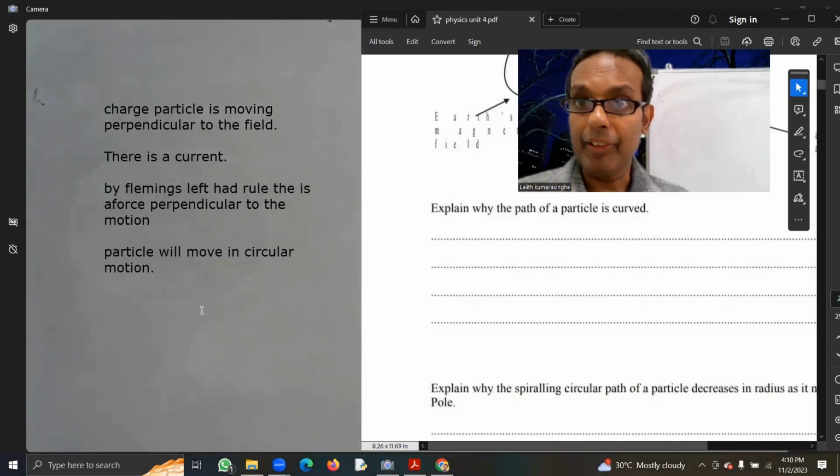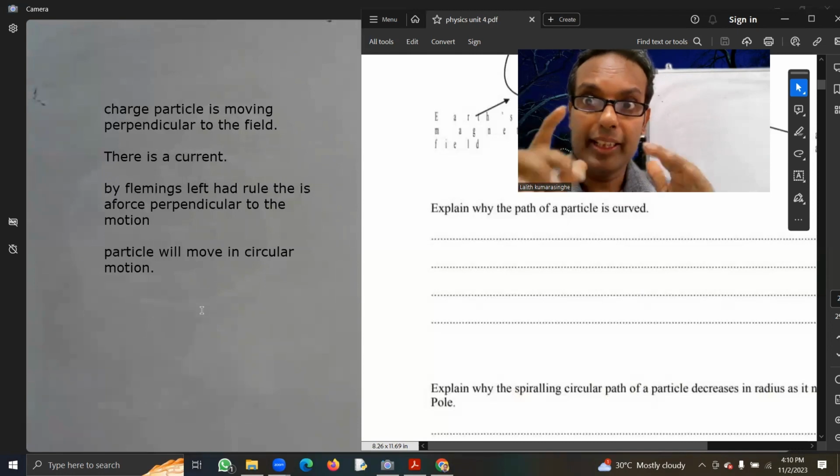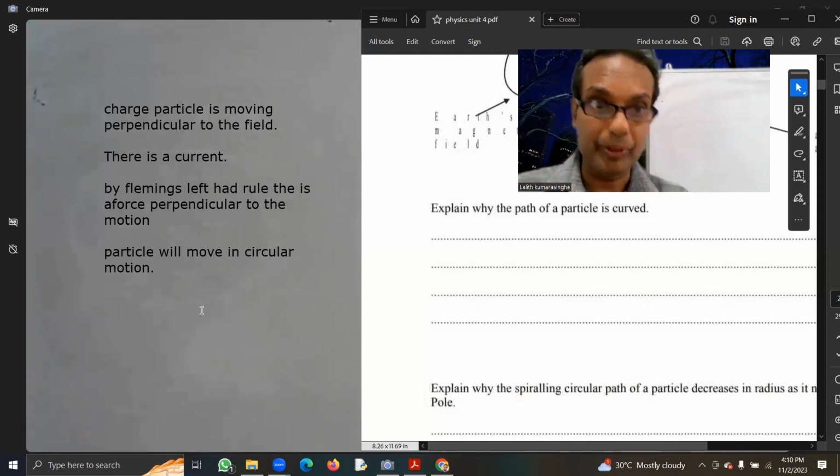Then we know, by Fleming's left-hand rule, the particle will experience a force perpendicular to the motion as well as the magnetic field. But the most important thing is it will experience a force perpendicular to the motion.